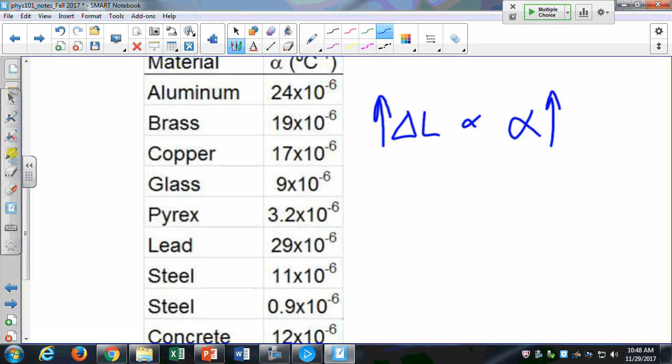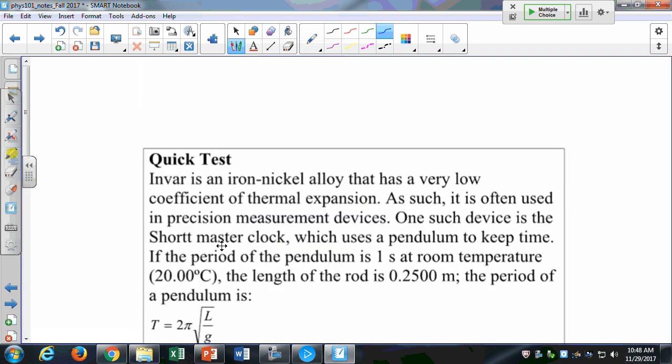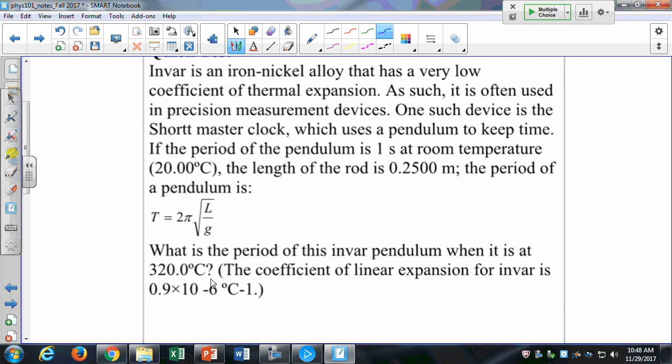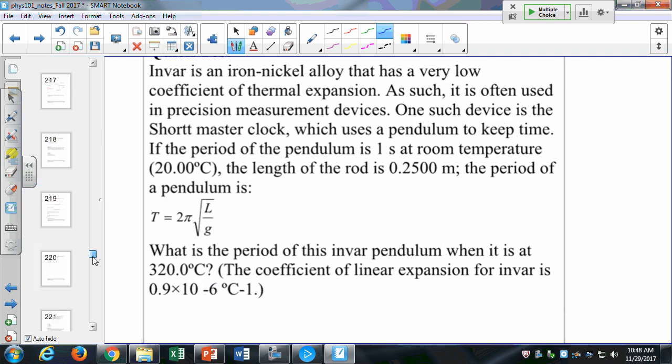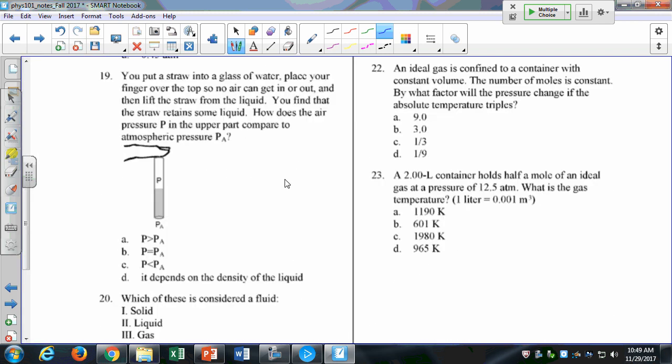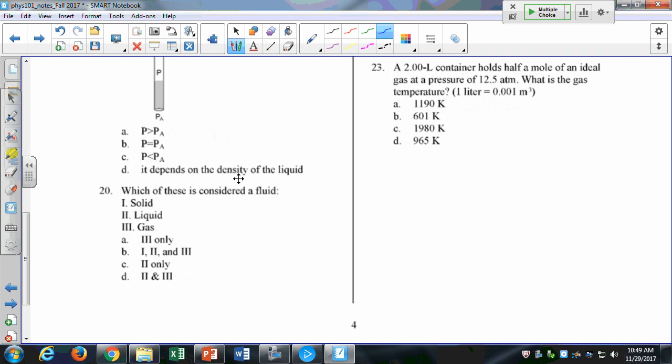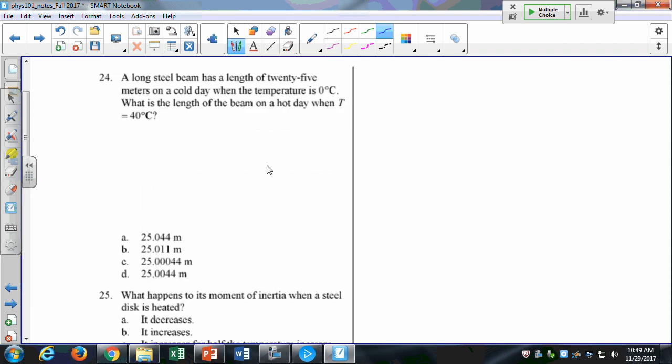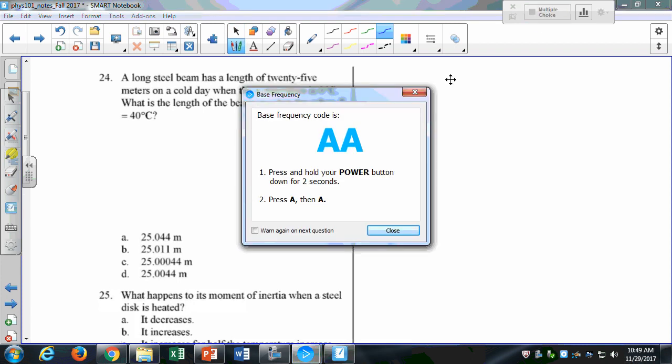Let's try a problem. No, let's not do this one. Let's look in the back. I think I have one in the back. One that's more like what you'll see. I hope I have one. There we go. Let's do number 24. That should be exam 4 on number 24.